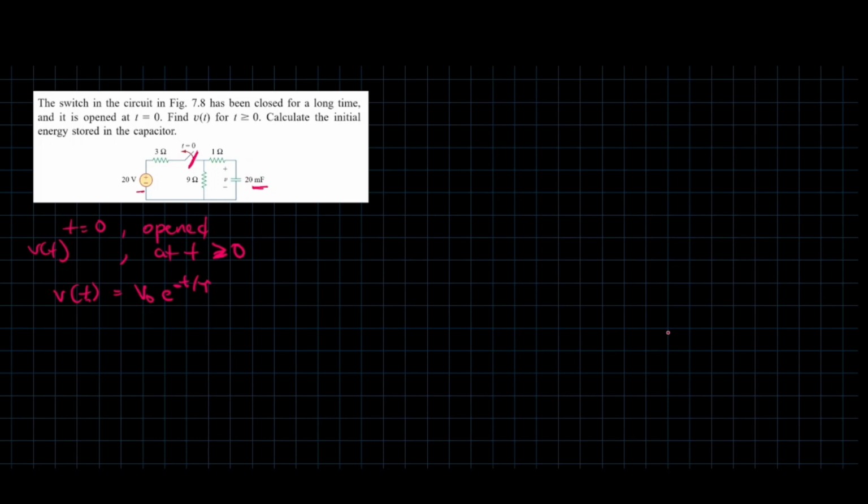Because when the battery was connected, it charged up, and then after the battery was disconnected, it will start discharging. And so the v of t is very dependent on whatever voltage the capacitor has. So this V naught, the initial voltage in the circuit after the switch has been disconnected, is actually the voltage in the capacitor. I hope you understand that.